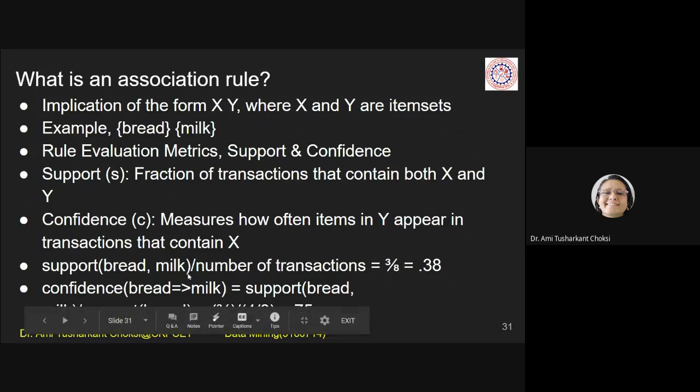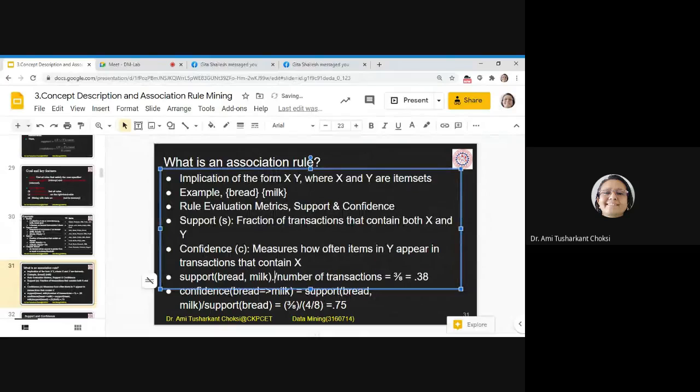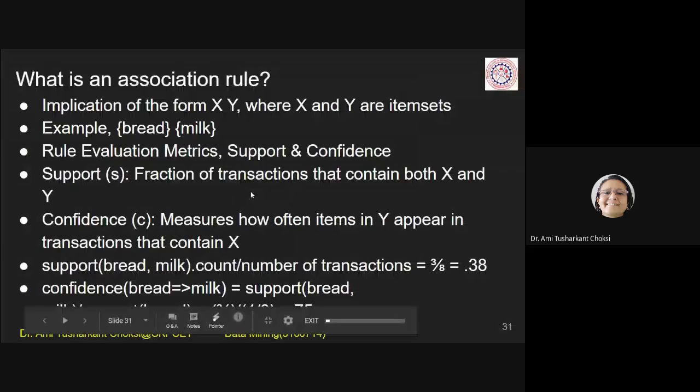First of all, we need to find the support count. Here, it is better to write it as support count, so it will make your life simple. Otherwise, you may get confused.